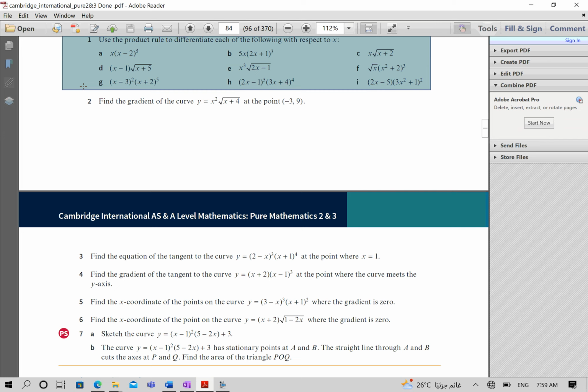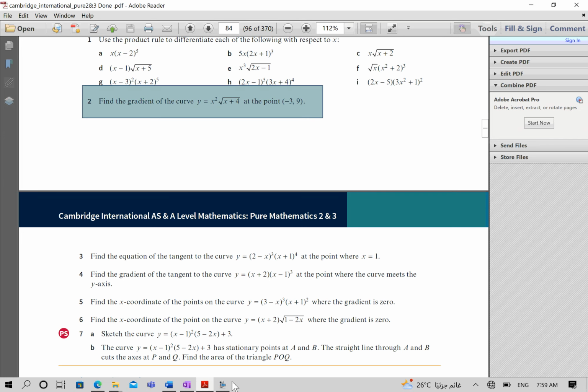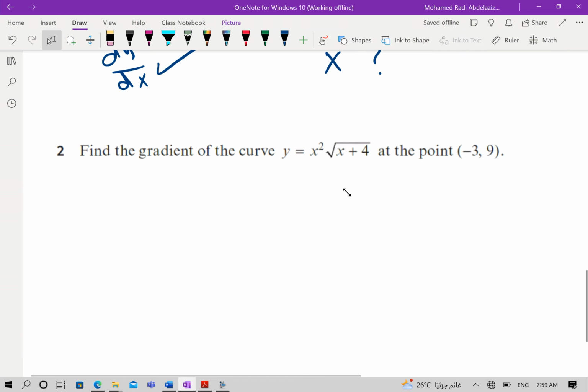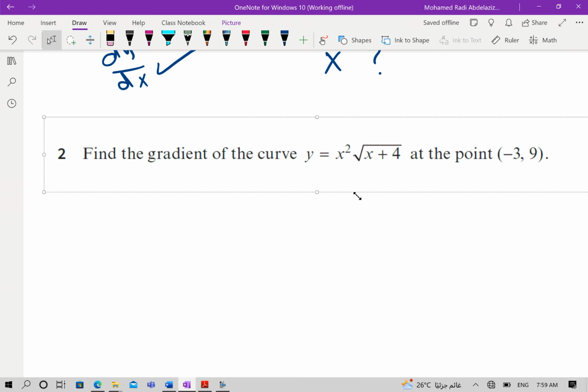For example, by looking at question number 2, he asked to get the gradient. Find the gradient of the curve. How to get the gradient? Just find the derivative, then substitute x equals minus 3. How to find the gradient? Differentiate.